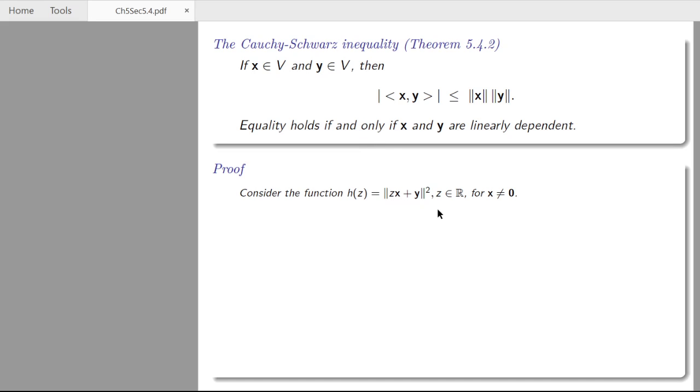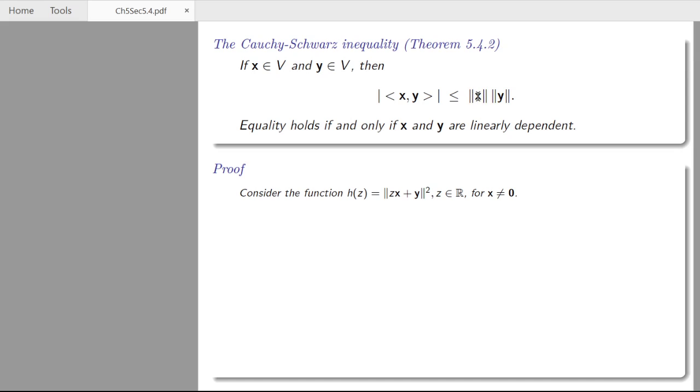To do this, we are going to assume x is not 0 or y is not 0. Why? If, for example, x is 0, then the inner product between 0 and y equals 0. The right side, the norm of x, is 0.